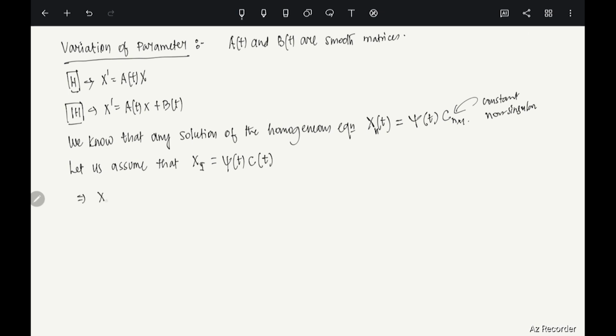If that is the solution, what happens then? Then xi prime is phi prime of t times c of t plus phi of t times c prime of t. Now if phi is a fundamental matrix, what is phi prime of t? It is A times phi of t, so we have A phi of t c of t plus phi of t c prime of t. Now, xi prime is also A times xi, which is A phi t c of t.